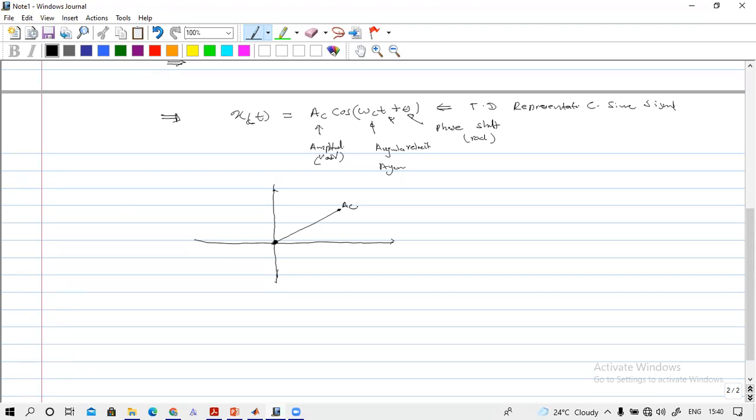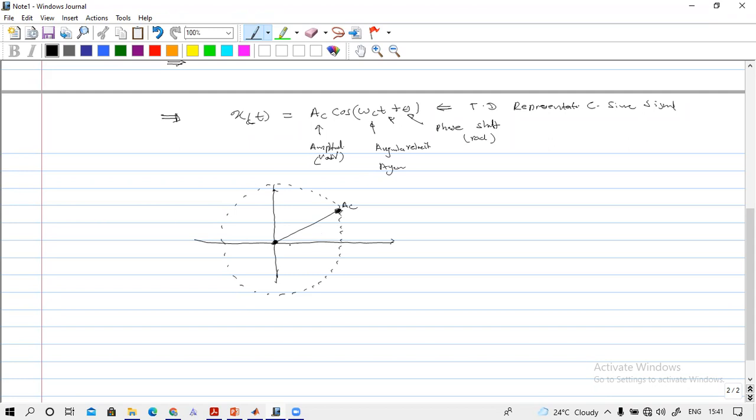The length of this line represents the amplitude of the signal, and it is rotating like this. Consider a particle or point moving along a circle whose radius is equal to the amplitude.